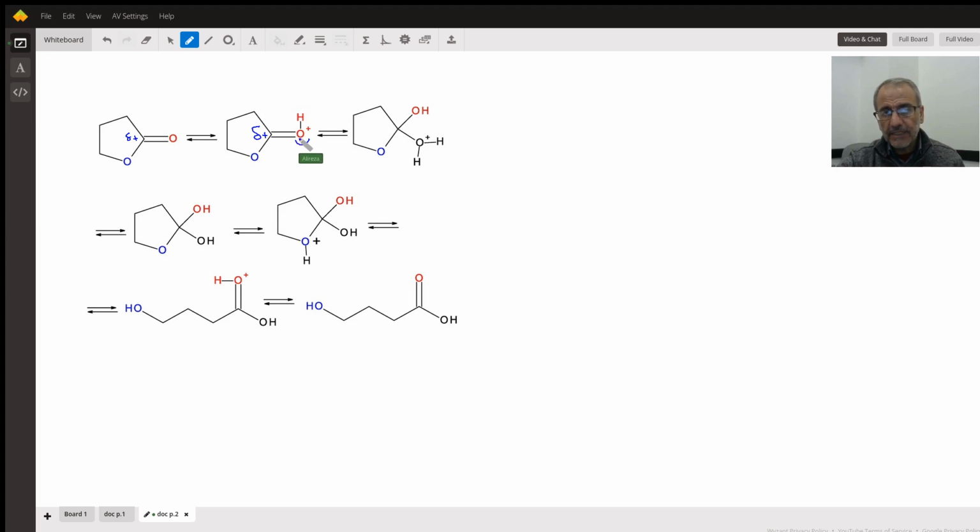So this oxygen plus makes the carbon of the carbonyl group a stronger electrophilic center, and in the next step this electrophilic center is attacked by the nucleophile, which is water, to form this intermediate, and then this OH is deprotonated by water. Water functions as a weak base to form this intermediate.